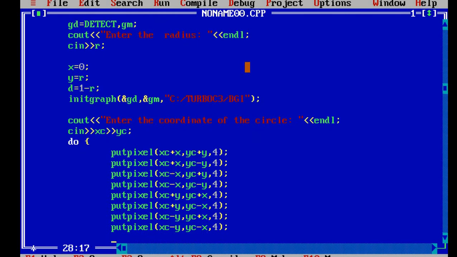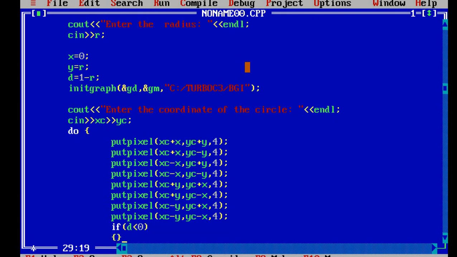Then the if condition: if d is less than 0, then what will happen?